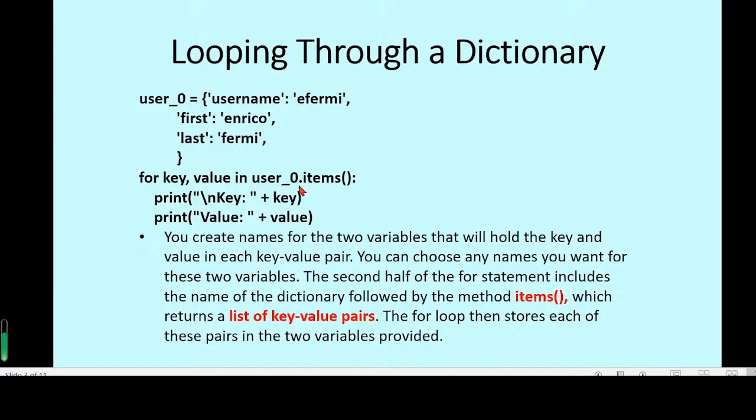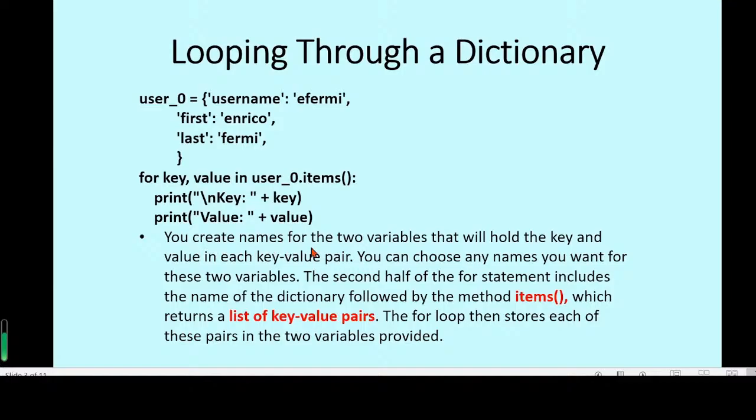Then we can write a for loop, for key, value in the user dictionary's items attribute. The items attribute will return the key value pairs. Then for each key value pair, we will print the key and its value.